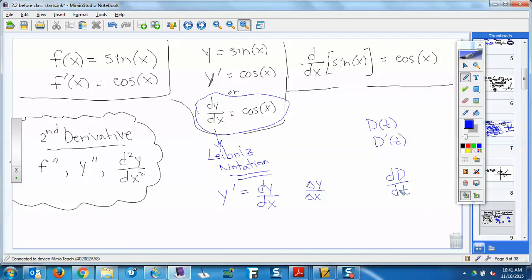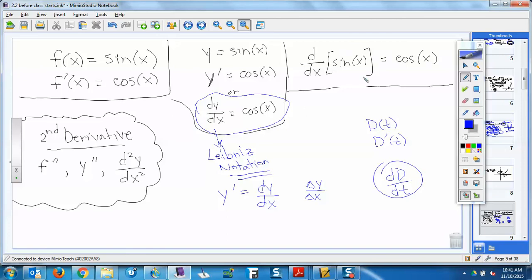Again, the nice thing about Leibniz notation is it tells us what the input variable is. If we just say f prime or y prime, we don't really know, is it with x or with t? That's one nice thing about Leibniz notation. So you're going to start seeing that from time to time, so you've got to know what that means. It just means y prime. That's all it means. Or in this case, this one just means d prime. That's it.